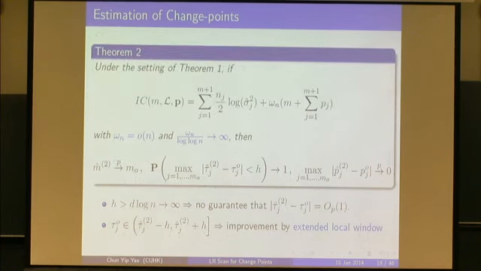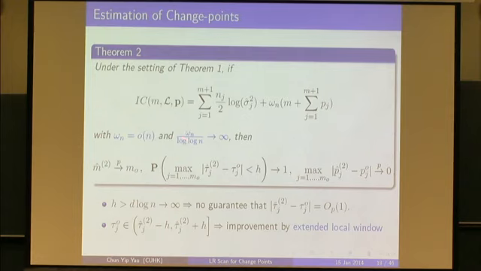What I can prove is that for a general information criterion, like the log likelihood function plus some penalty, if the penalty is less than n order and bigger than log n order, then I have consistent estimation.